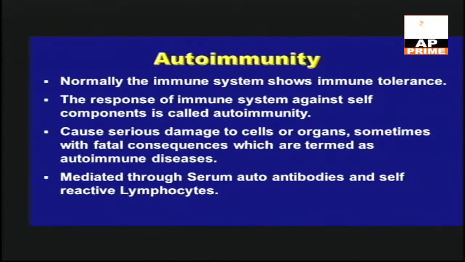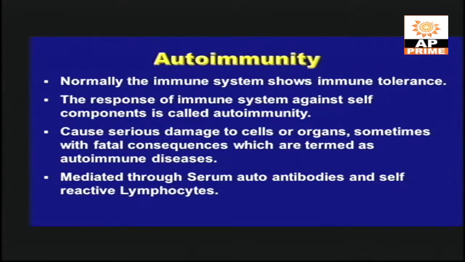So here the immune system responds to self antigens instead of non-self or foreign antigens, and this occurs due to the lack of discrimination between self and non-self antigens by the immune system. So this causes serious damage to the cells or organs, and sometimes leads to fatal consequences, which we call autoimmune diseases.